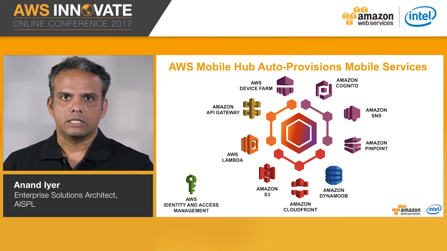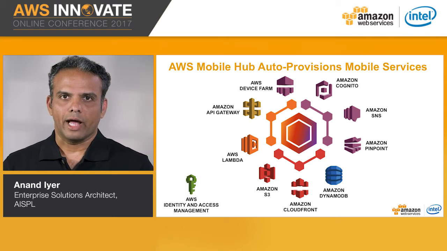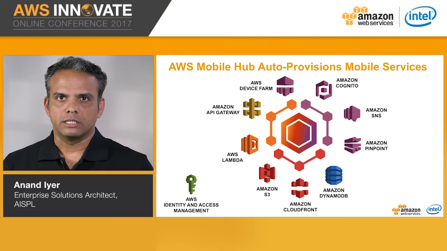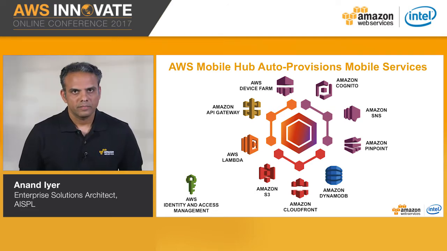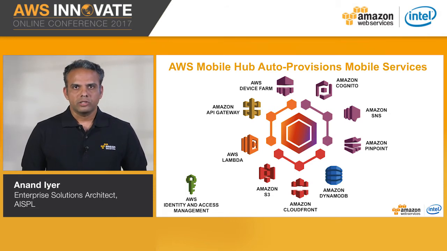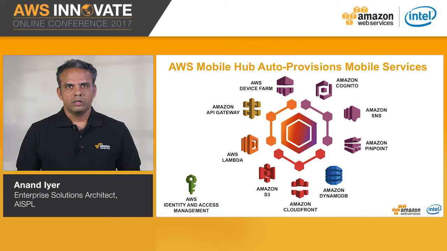Amazon Cognito Identity supports public identity providers like Amazon, Facebook, Google, and SAML identity providers, as well as unauthenticated identities. Amazon Simple Storage Service, Amazon S3, provides secure, durable, highly scalable object storage in the cloud.